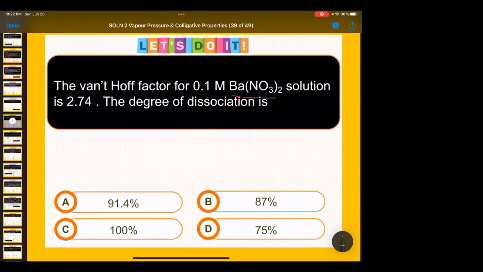Some of the barium nitrate remains as it is, some dissociates into 3, but the total number of particles overall will not be 3 times, because some of them remain as they are. So the new value of i is 2.74.